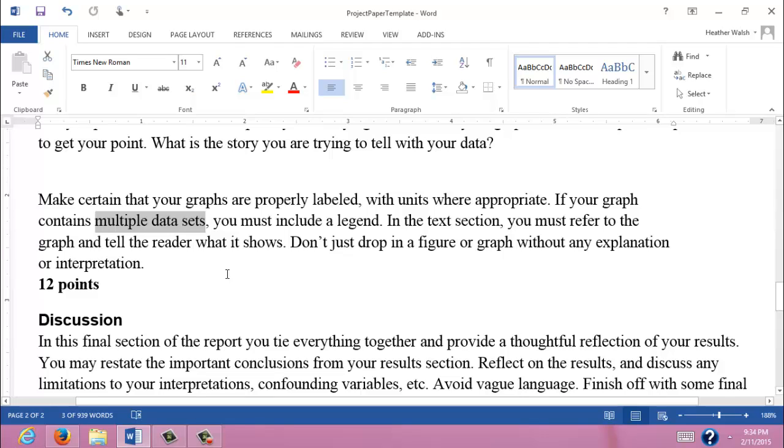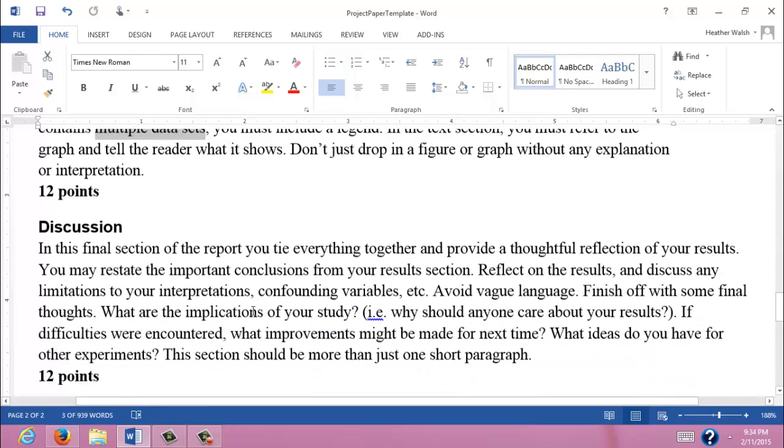And of course, in the text section, your little caption, refer to that. Say, Mary's class data is with the X's, my class data is with the O's, and this is what you have. Okay?